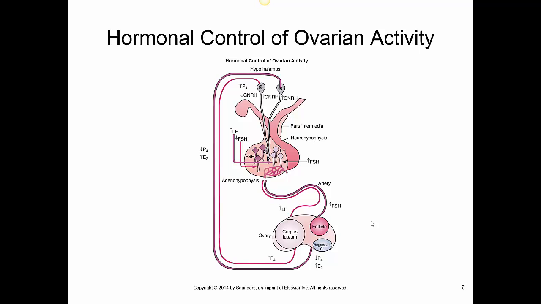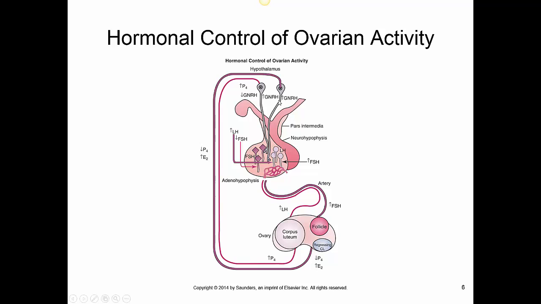If progesterone is starting to decrease, a lot of times the hypothalamus will in turn change the amount of GnRH, resulting from a decreasing amount of progesterone. And if there's a decreasing amount of progesterone, which we're showing right here with regression of a corpus luteum and follicle growing and an increased amount of estrogen, it's going to produce more GnRH.